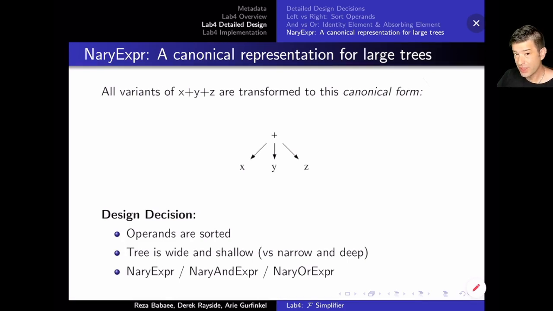As soon as we add a rule like this, we have to think about whether it will affect our termination guarantees. And here it won't, because we can only apply a sort once. Once it's sorted, if we apply sort again, it doesn't change. So that guarantees that this does not cause our rules to suddenly not terminate.